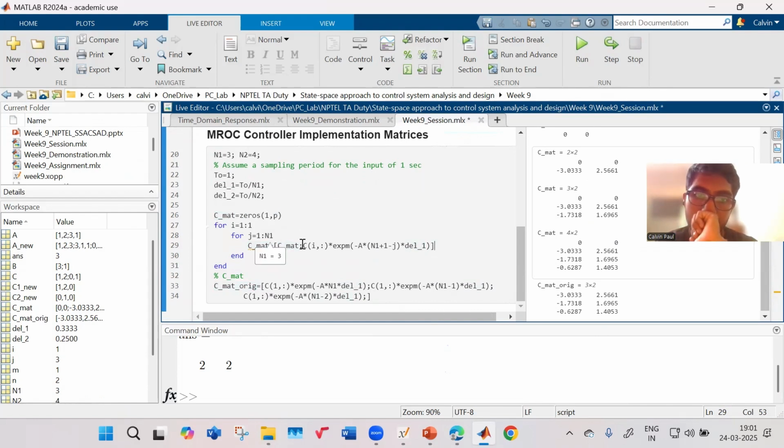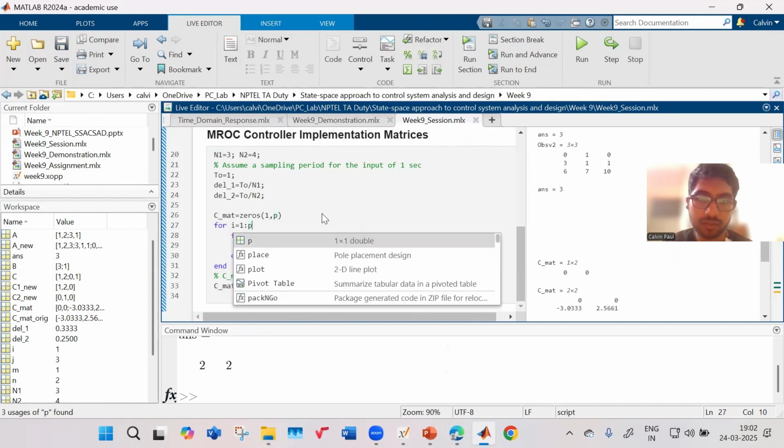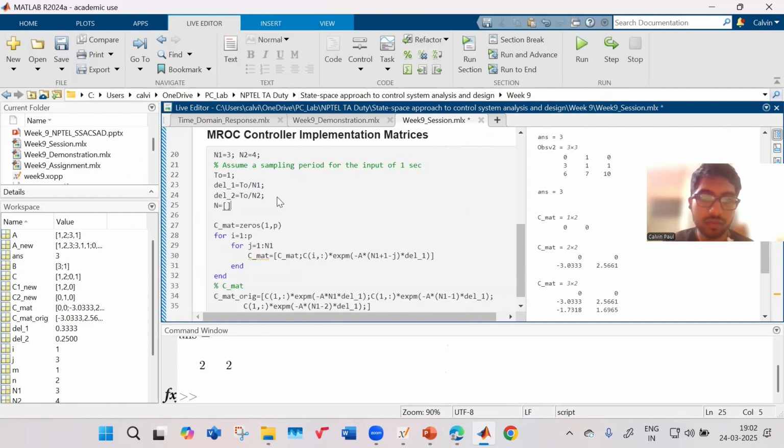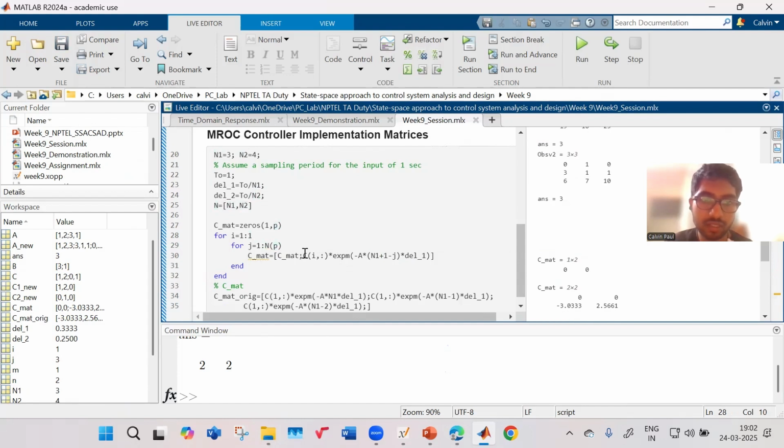Now this has to be changed to N2. And when it goes to P, it is the next set, right? So that's P, P, P, minus minus.